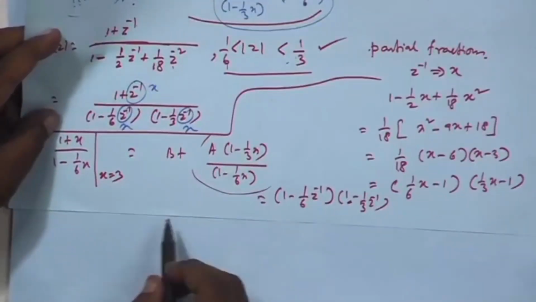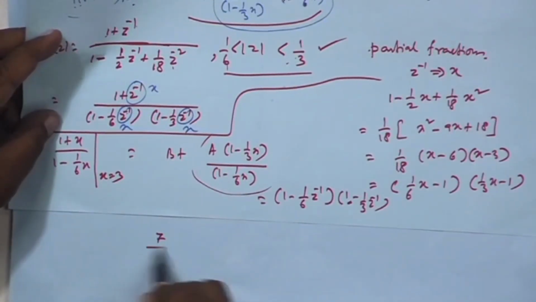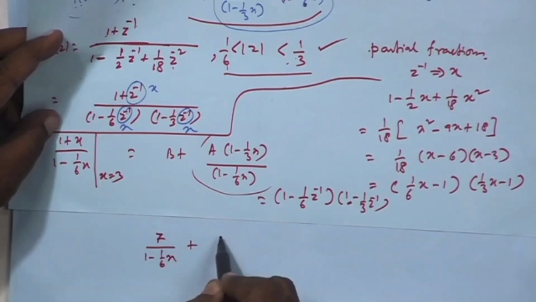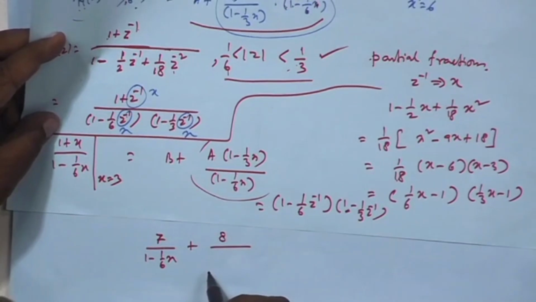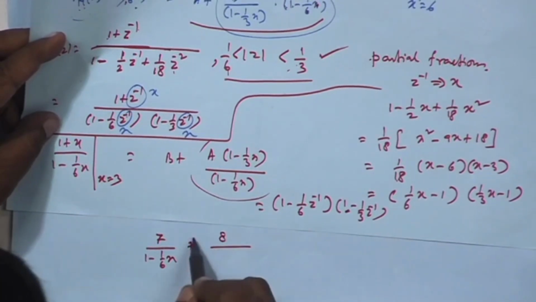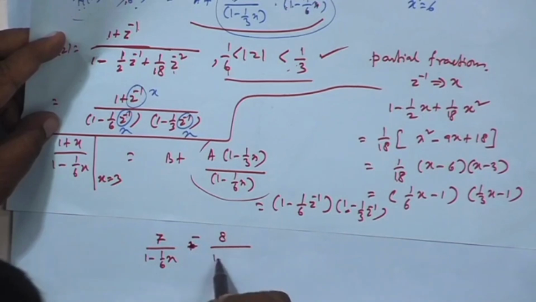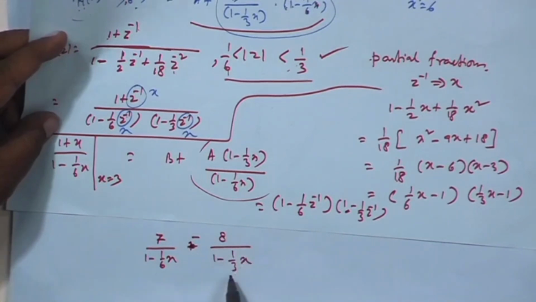Now, if you put them back here, you can verify, that is 7 by 1 minus 6x plus, sorry, minus 8 by 1 minus 1 by 3 x.